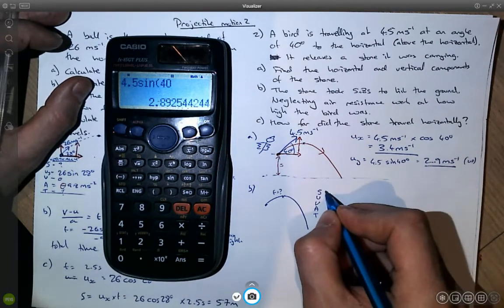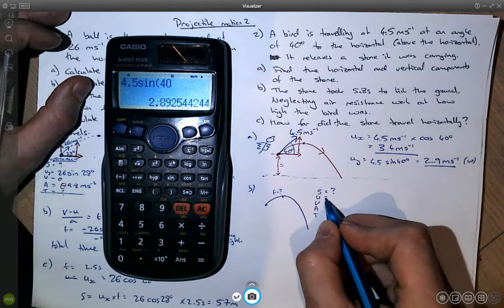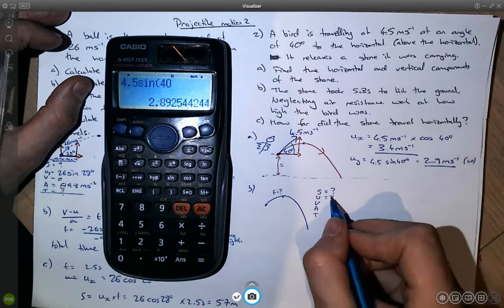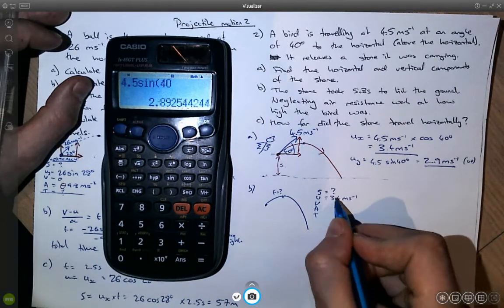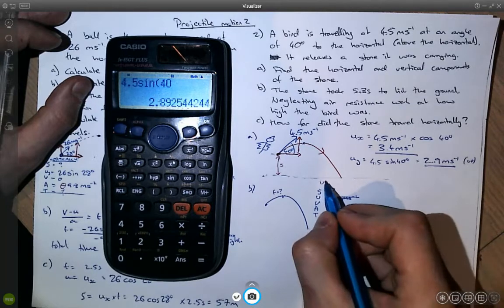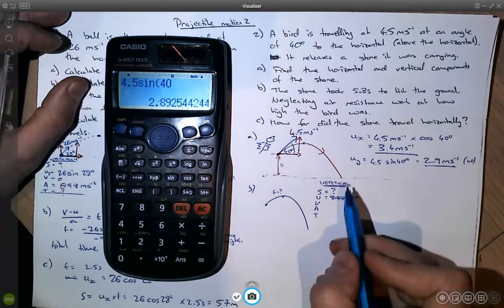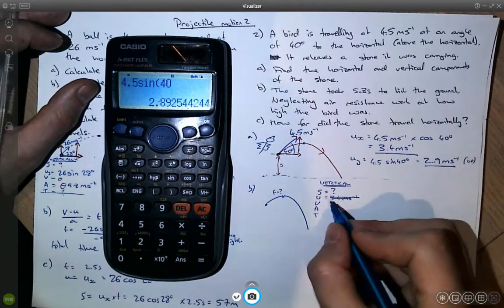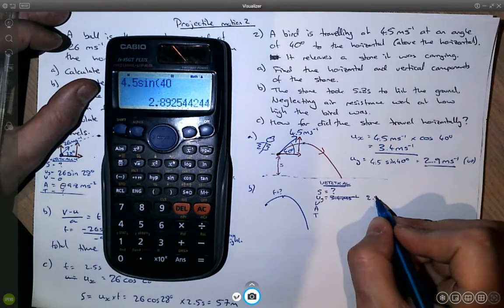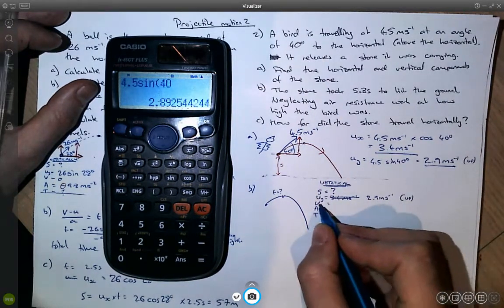So we're trying to work out s. We know what u is. It's 3.4 meters per second. Actually, no, we don't. This is a mistake. We want vertical. So it's really important that you're clear whether it's vertical or horizontal. So actually writing little headings out is really helpful. So u vertical is 2.9 meters per second up. v, we don't know.